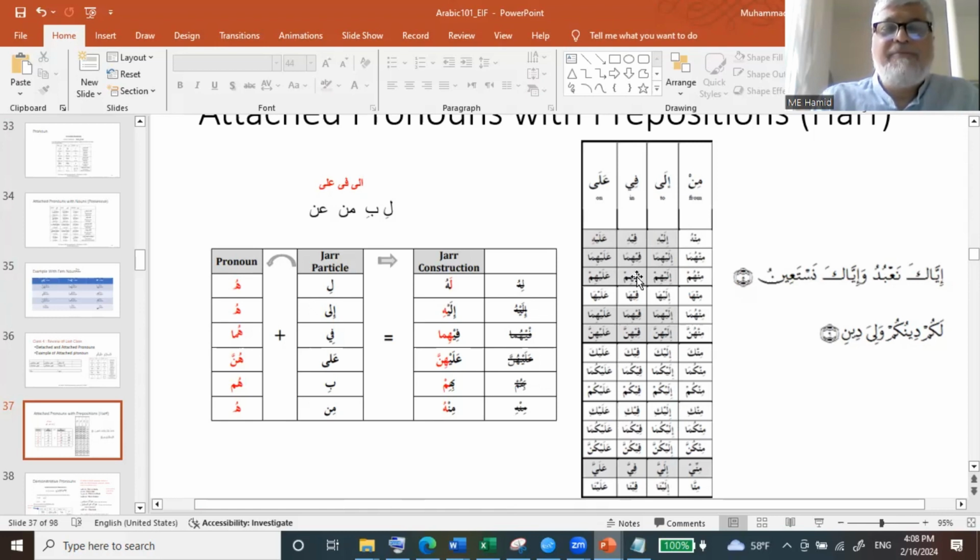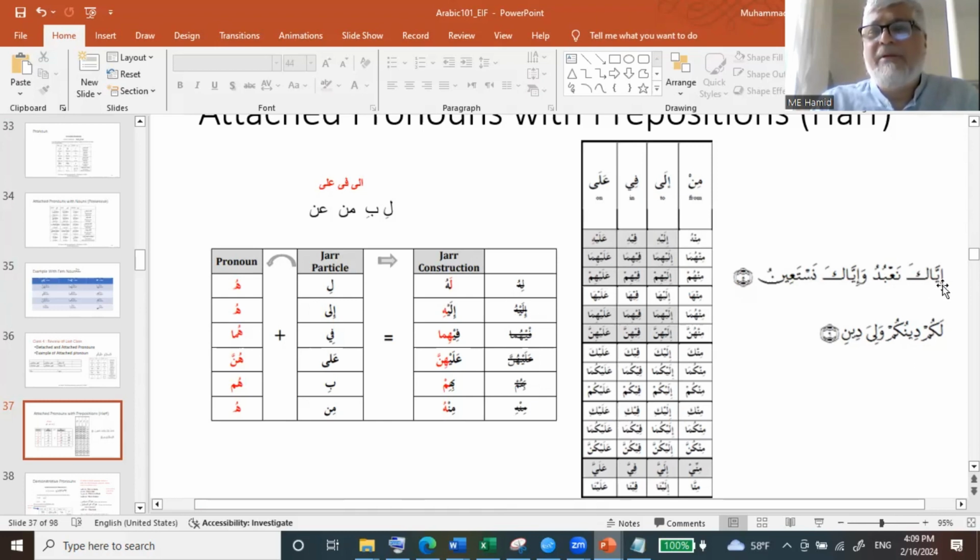Similarly fihi, fihima, fihim, in him, in them, in her, fiha, fihinna, fika, fikuma, fikum. Ala we have done. Similarly bihi, bihima, bihim, biha, bihinna, bika, bikuma, bikum, biki, bikunna, bi, bina. So you can construct different things with these pronouns and make your own sentences.